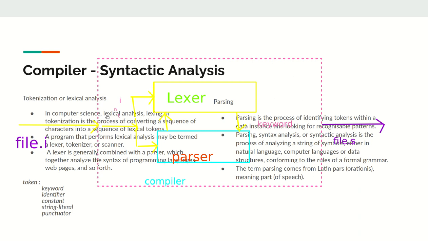Now in this source file, as the characters come, the parser invokes the lexer, meaning it does the lexical analysis on this file, and the token needs to be given back to the parser from the lexer. So this is how it interacts, it does the lex analysis and parsing together.